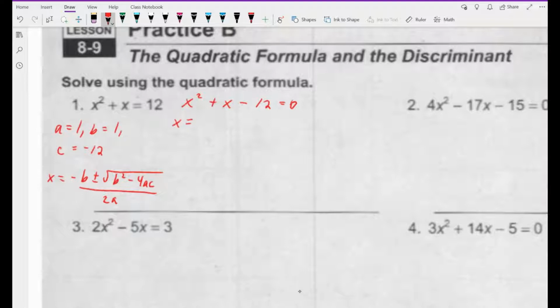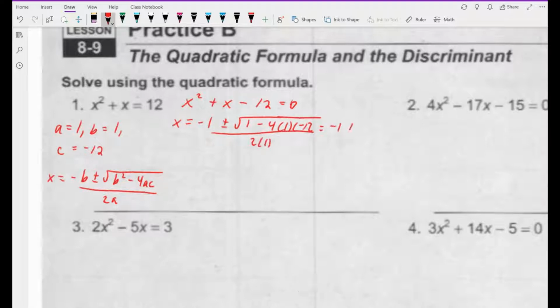So x equals negative b, which is negative 1, plus or minus b squared, which is 1 squared, which is 1, minus 4ac. 4 times 1 times minus 12, all over 2a, 2 times 1.